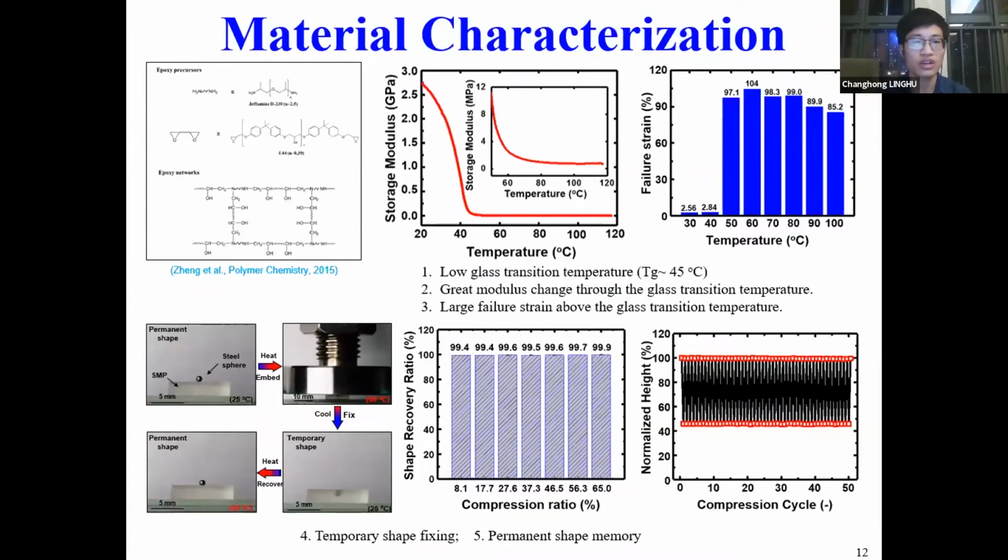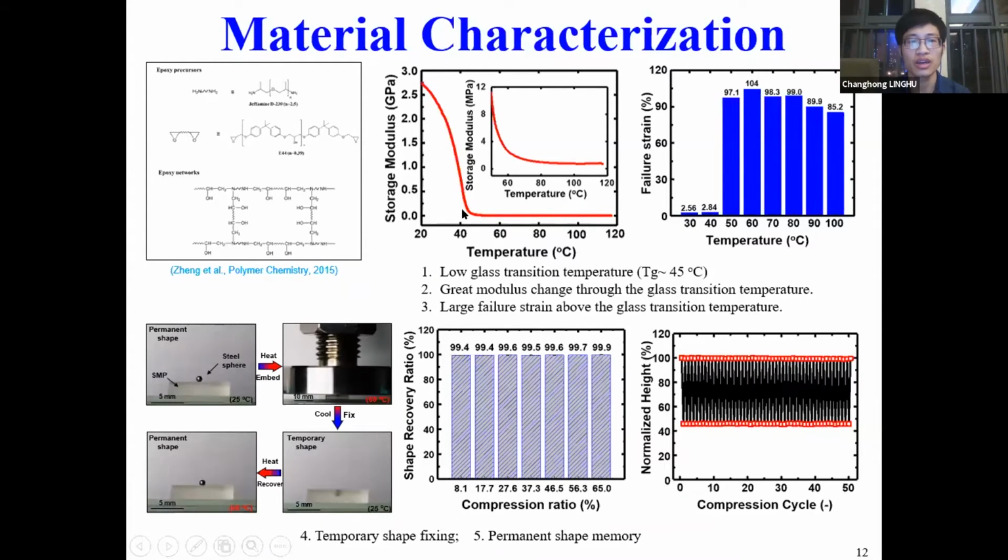We choose a thermally-triggered SMP as the gripper material. This SMP has a low glass transition temperature of about 45 degrees centigrade, and the storage modulus can reduce dramatically through the Tg.